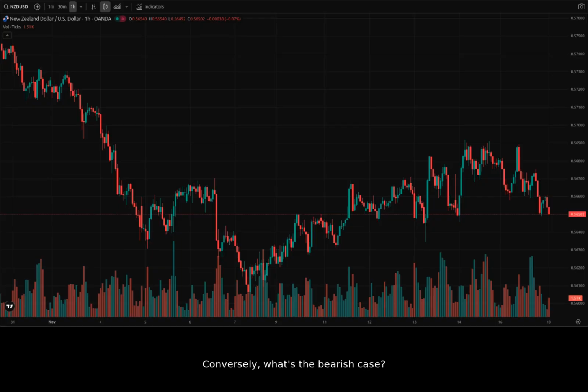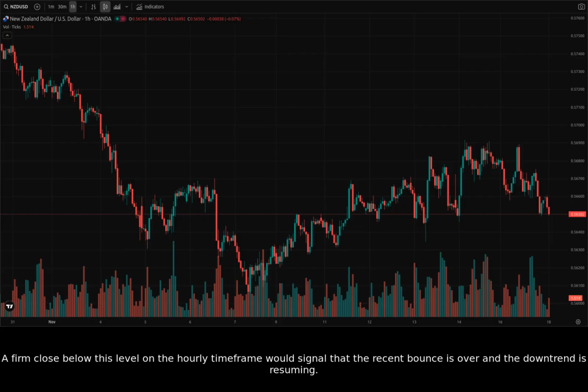Conversely, what's the bearish case? The bearish scenario aligns with the dominant long-term trend. For this to play out, sellers need to push the price below the critical support zone at 0.5650. A firm close below this level on the hourly time frame would signal that the recent bounce is over and the downtrend is resuming.